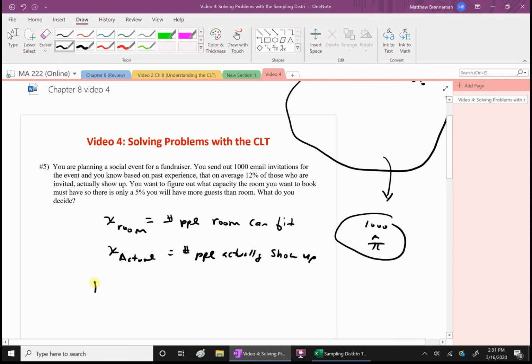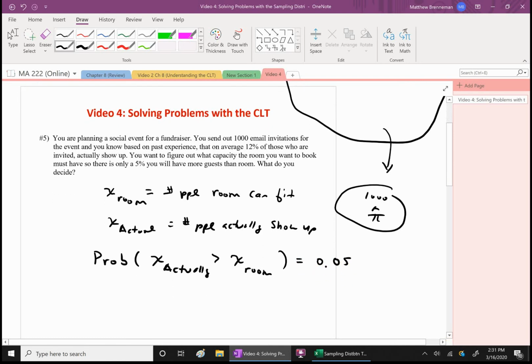And what I want is the probability that the number who actually show up is greater than the number that will fit in the room to be 5%. Okay? Now if I divide by the sample size, so my sample size here is 1,000, right?